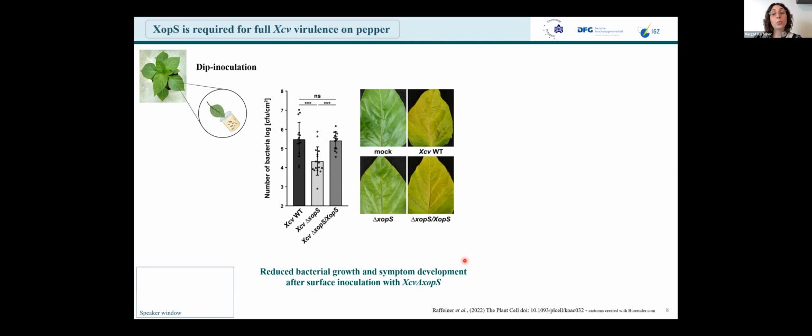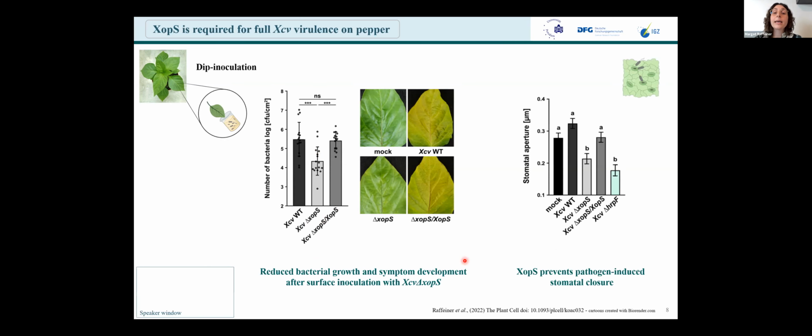Actually, this is because we could show that XOP-S is able to prevent stomatal closure that usually happens upon pathogen recognition. When measuring the stomatal aperture of pepper leaf discs that were incubated on different bacterial suspensions, we saw significant stomatal closure in plants incubated on the XCV delta XOP-S mutant strain.